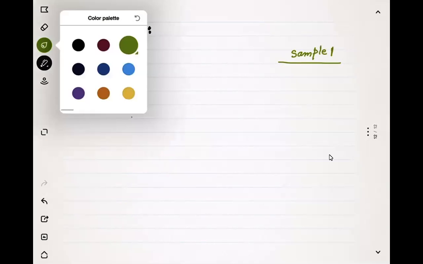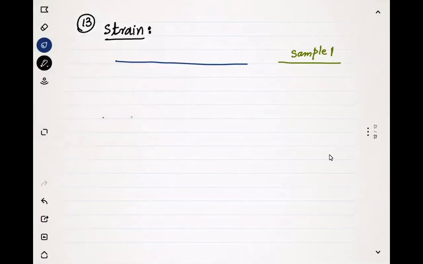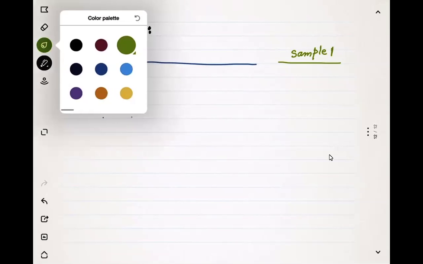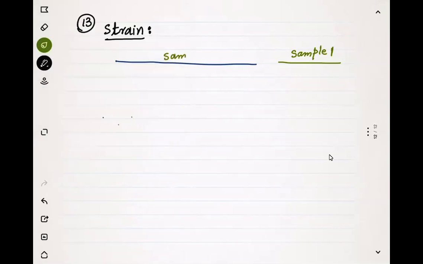For example, let's take two samples of wire. This is sample one. A second sample of wire, that is sample two, is here. On sample one, we are applying a force of, for example, 1000 Newton from both sides.